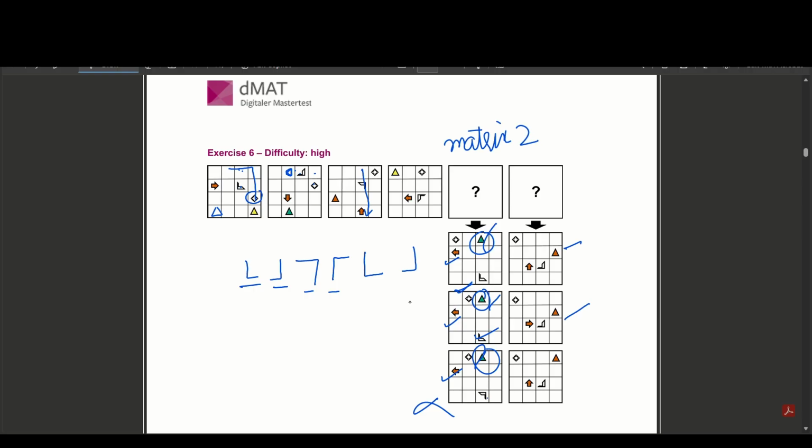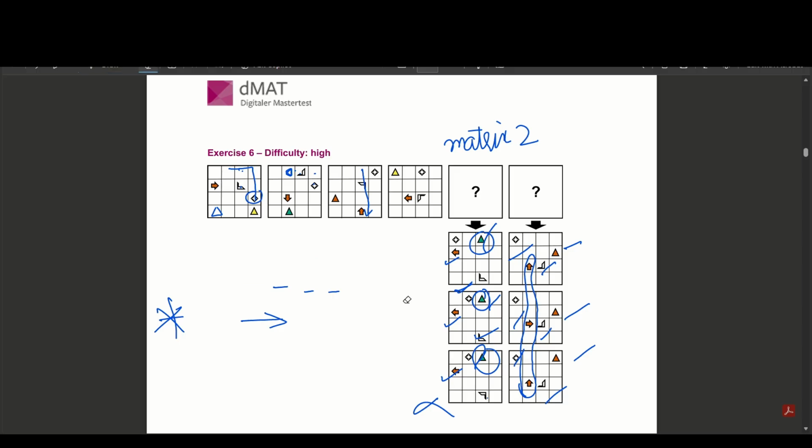Now come here, this position is fixed, this position is fixed, we don't have to solve it. This position is also fixed, we have to solve this position, that will decide. So here one very important point to remember: the arrow is moving with one specific rule. Normally the arrow moves like 90 degree like this, then again this, then again this, but now check the pattern here.